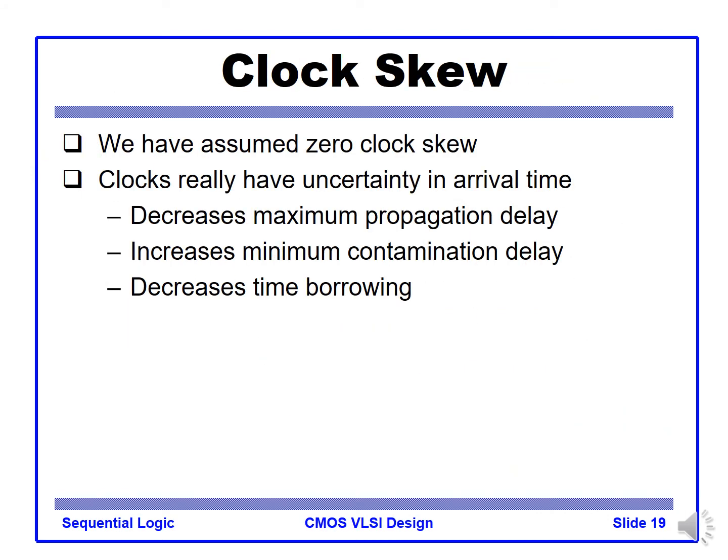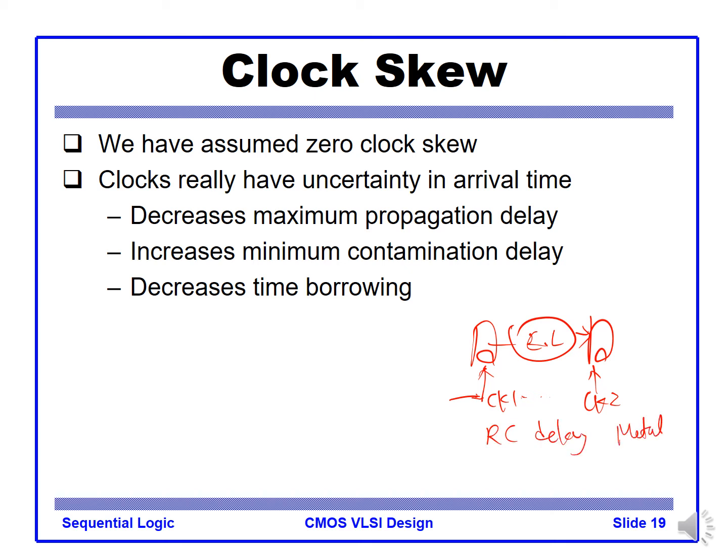So far we just assume that there's no clock skew, so all the flip-flops here, between the combinational logic we have in between, the clock 1 and clock 2 arrive at the same time. But in reality, there's RC delay difference from the metal line, right?